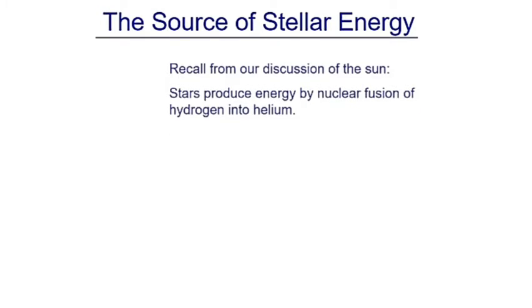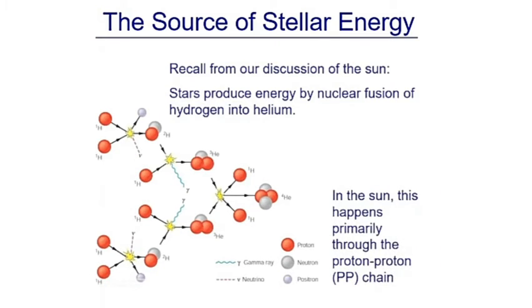Stellar energy. If you remember, when we talked about the sun a couple of classes ago, we said that the sun produces energy by fusing hydrogen into helium, in the proton-proton chain.